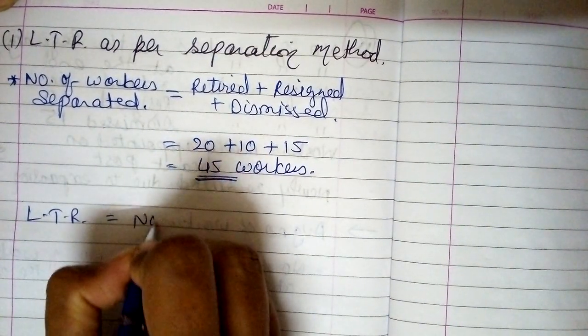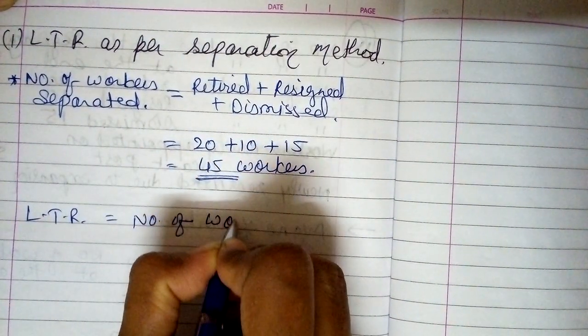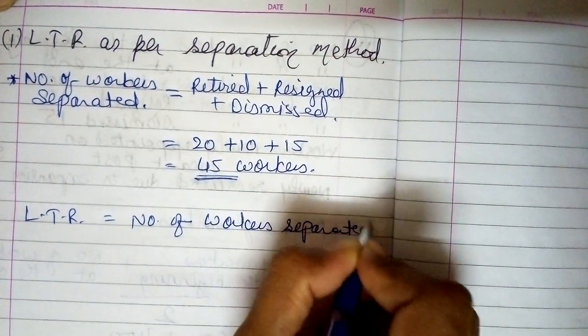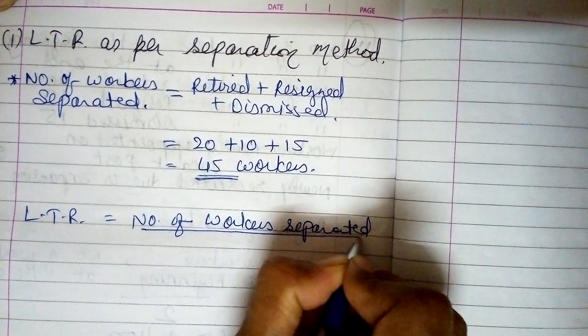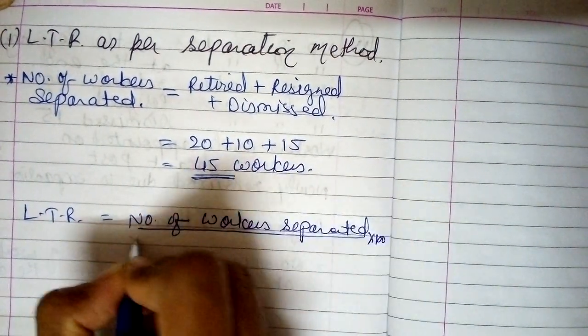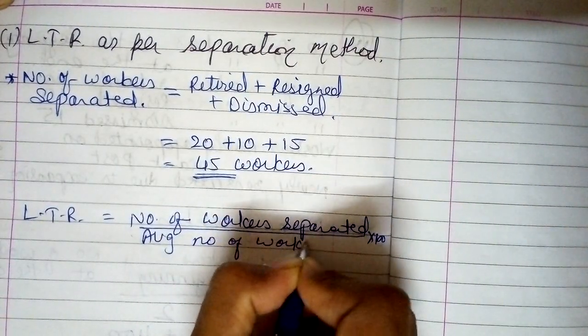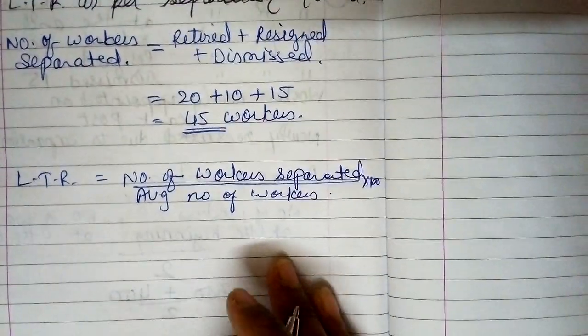LTR equals number of workers separated divided by average number of workers into 100, right?